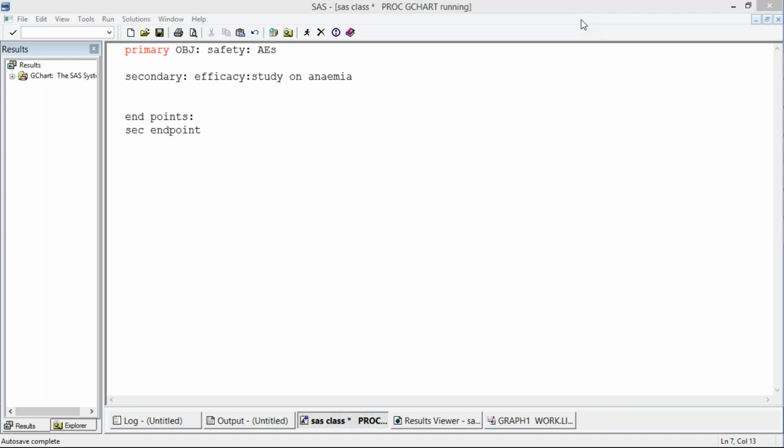How do we know the drug is effective in case the trial is on anemia? What kind of parameters do we require here? Hemoglobin levels.